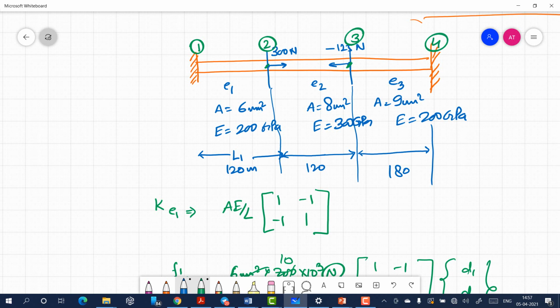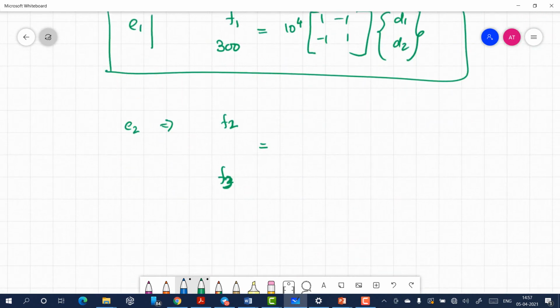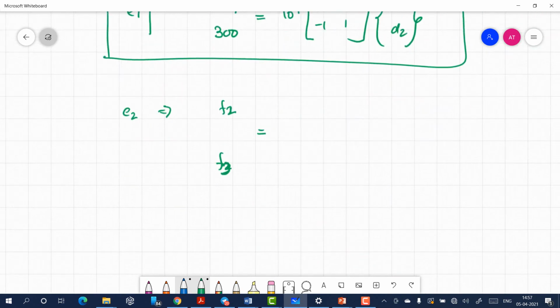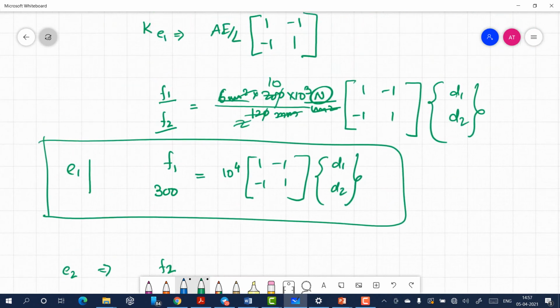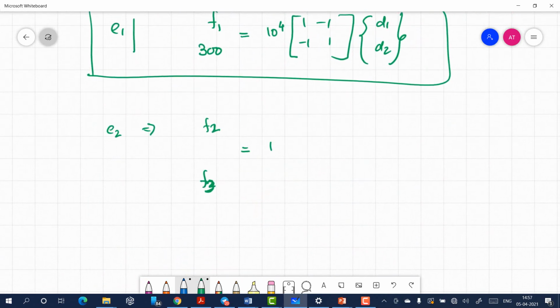At node number 2 I have F2, F3, and here AE by L is different. Here A is equal to 8 and E is 300. So I will have AE by L as 8 into 300 times 10 to the power 3, divided by 120, and that's it.